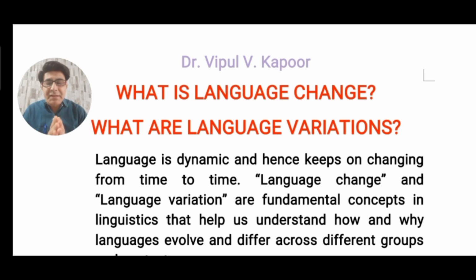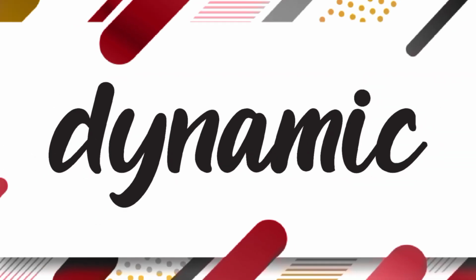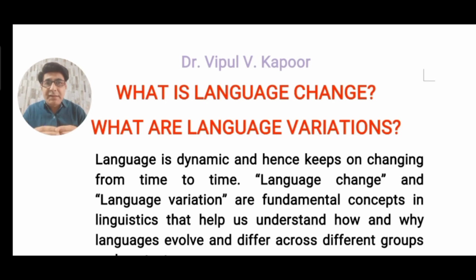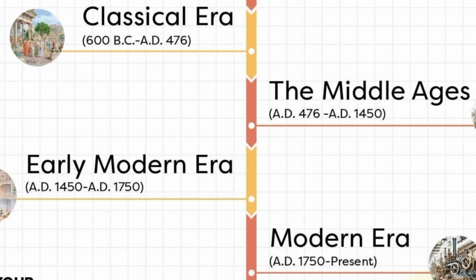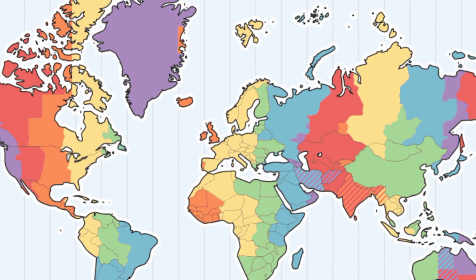See, all languages in this world which are used continuously, actively by the people are dynamic by nature. All languages are dynamic, that means they keep on changing from time to time, from place to place.